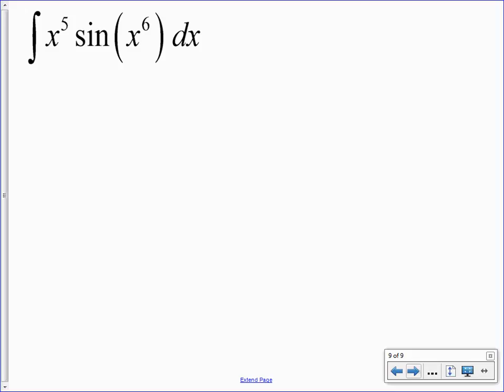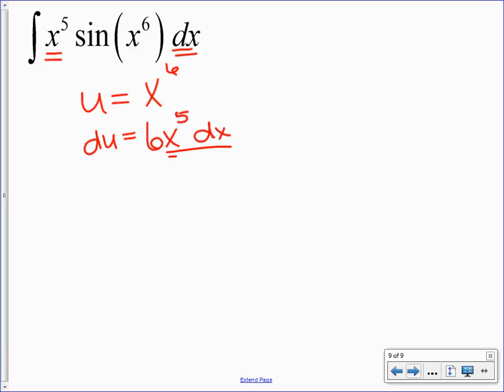Okay. Is this a candidate for substitution? Yes. We have a composition times another function. What would we want our u to be? x to the 6, which means du is 6x to the 5th dx. Now notice, we have x to the 5th dx. That 6 is extra.